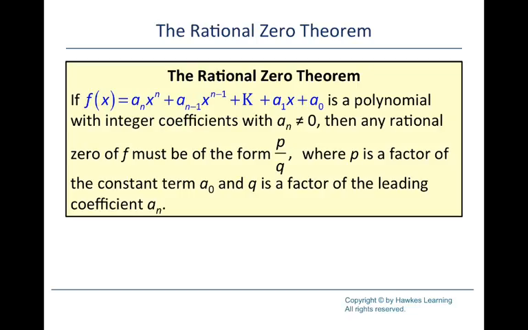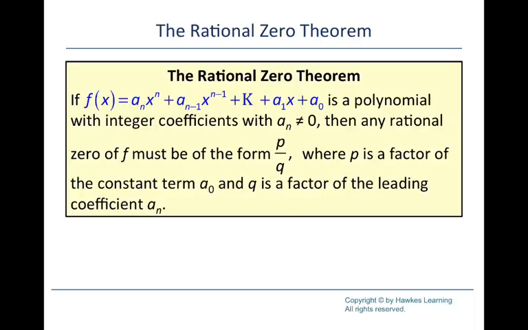Alright, so the rational zero theorem: you have your polynomial, and again that's just the general formula of a polynomial with integer coefficients. Any rational zeros must be in the form of p divided by q. P is a factor of the constant term a sub 0, and q is a factor of the leading term a sub n.